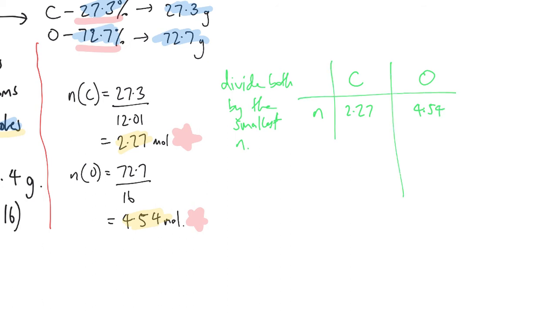Then I divide by the smallest: 2.27 over 2.27, which is exactly 1, and 4.54 over 2.27, which is 2. So that structured table allows you to show the number of moles, you divide by the smallest, and then their ratio to each other.